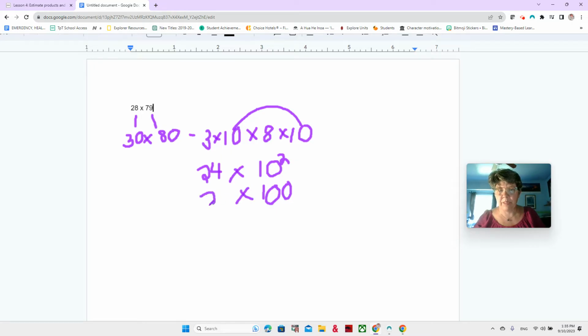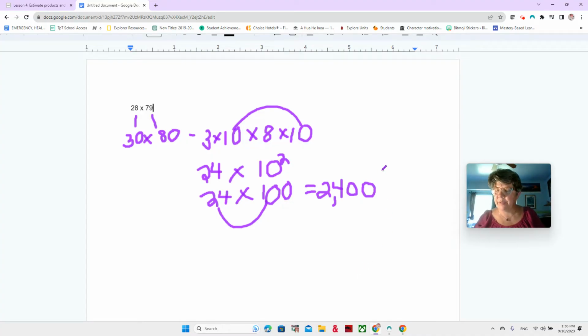So now we have 24 times 100, which would be 24 times 1, and this is an estimate. So 24 times 1 is 24, and 24 times 100 is 2,400. Okay, do you see that?